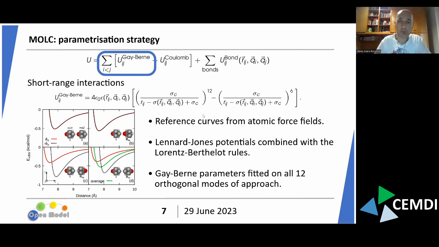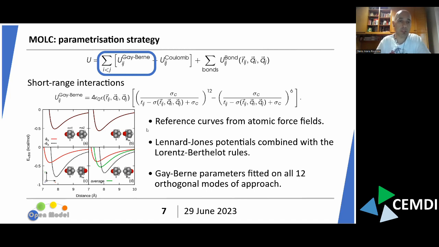This is the analytical form, and it looks a bit complicated, but you can see it as a modified Lennard-Jones potential that acts between anisotropic beads, so ellipsoids or spheroids.